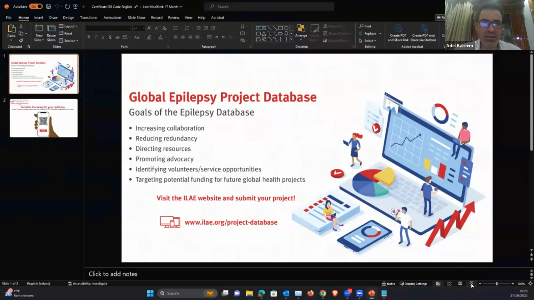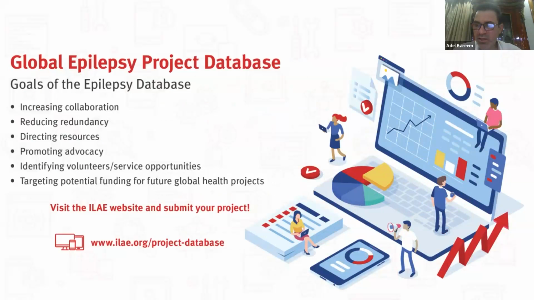Now, I have an announcement about global health. The global health epilepsy project database provides a registry of existing epilepsy projects throughout Africa and the Eastern Mediterranean, as well as in other regions. It identifies information such as project location, institutional partners, project scope, funding sources, and volunteer needs. The database is quick and easy to complete. By submitting information on your project, you inform understanding of efforts occurring throughout the world.